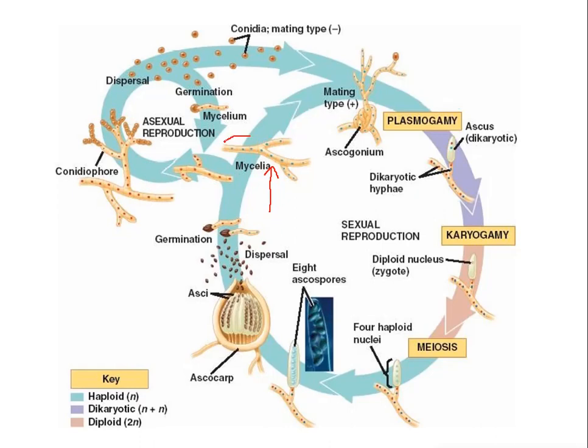Is it septate hyphae or cenocytic hyphae? Yes, it is septate hyphae. And is it monokaryotic or dikaryotic? Yes, it is monokaryotic hyphae because you can see there is only one nucleus in each separation between the septa. So Ascomycota has septate hyphae.